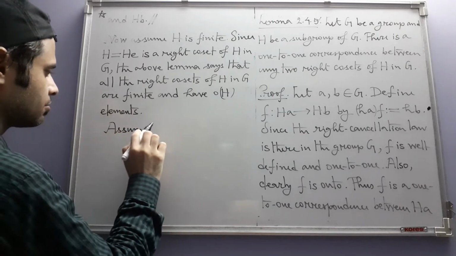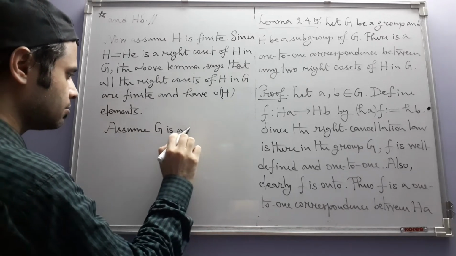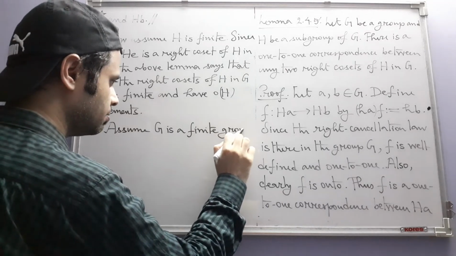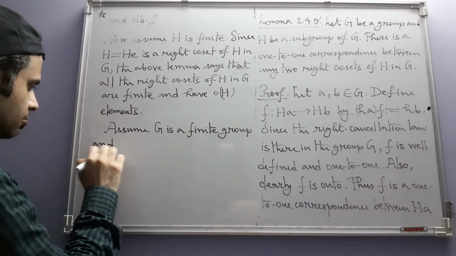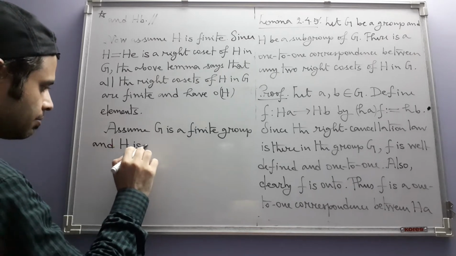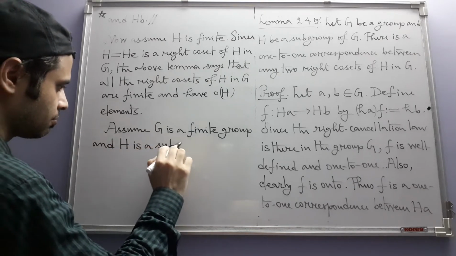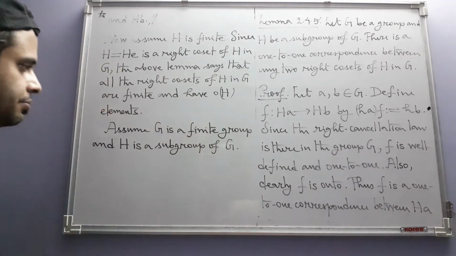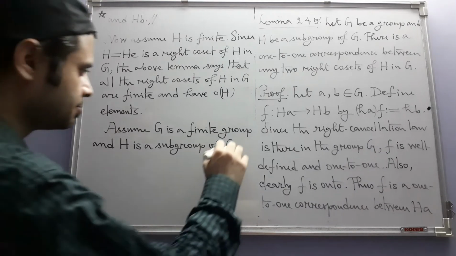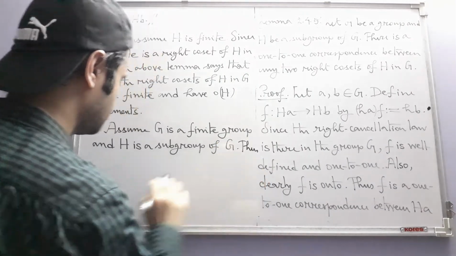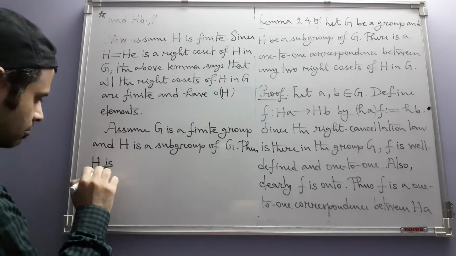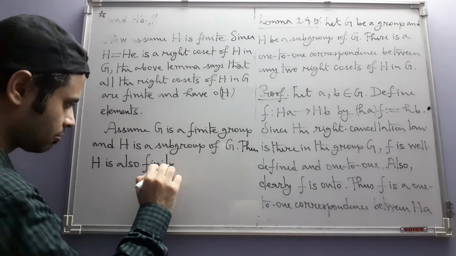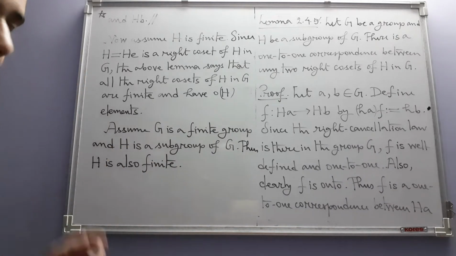Assume G is a finite group and H is a subgroup of G. Then H is also finite.